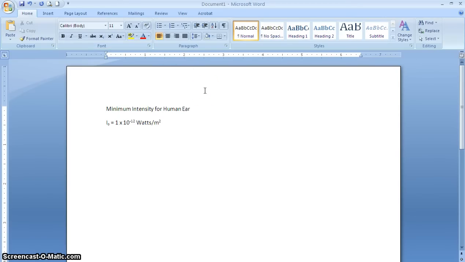So you're looking at power and area there. If you can think of the amount of work that's done in a given amount of time, moving your eardrum back and forth, that's kind of what we're talking about with sound intensity.